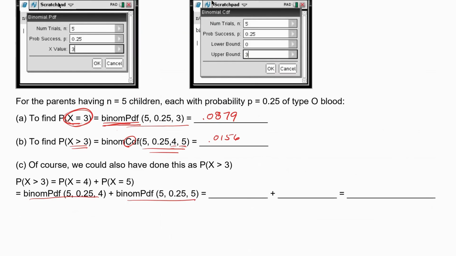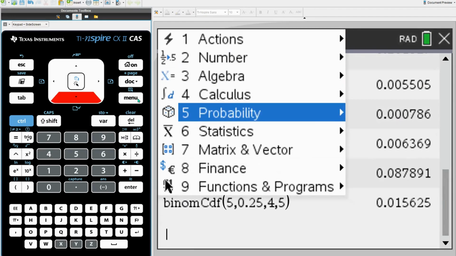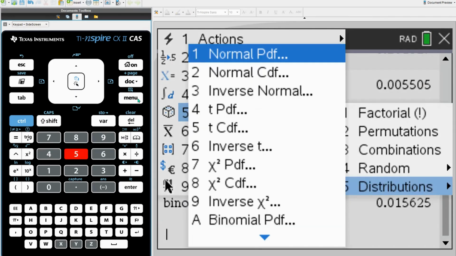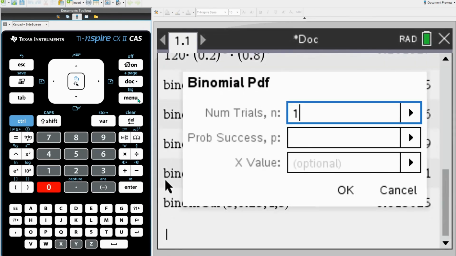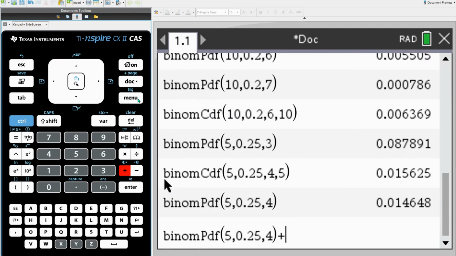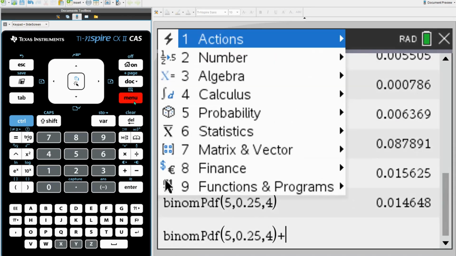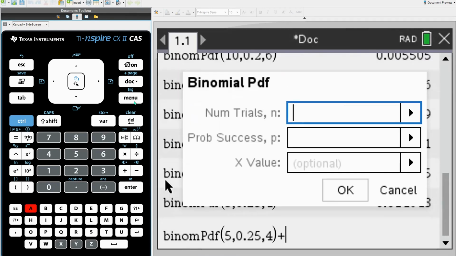And of course, if you wanted to calculate these individually, you could have calculated the PDFs by hand and added them up. Let's take a quick look at what that looks like. Menu, probability, distributions. That's the PDF, 5 trials, 0.25, 4, and we're going to add to that menu, probability, distributions, binomial PDF, 5, 5, and 5.